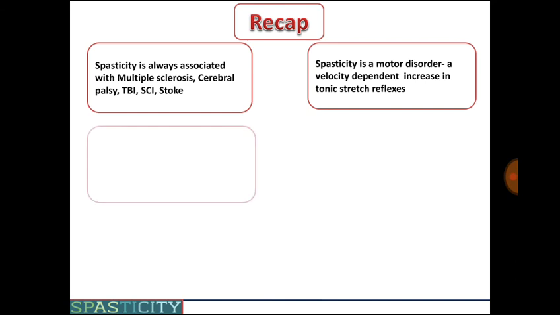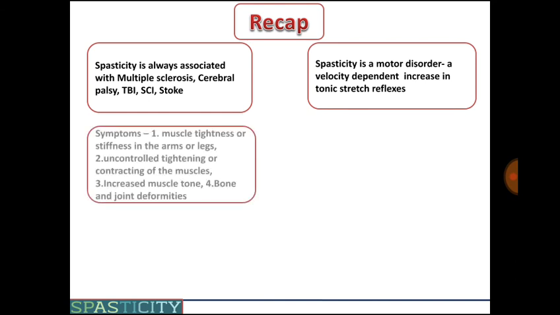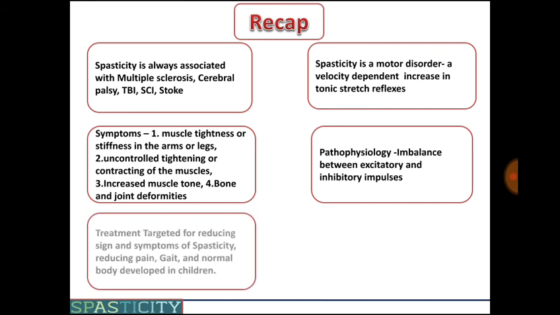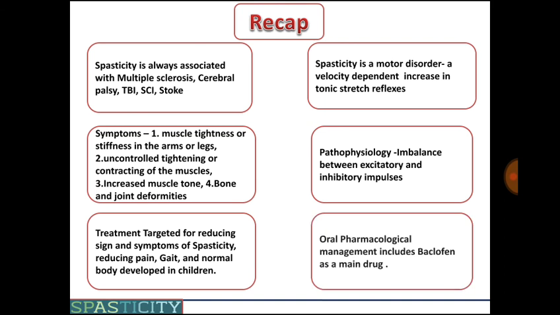Symptoms include muscle tightness, increased muscle tone and, more commonly, bone and joint deformities. Pathophysiology is about the imbalance between excitatory and inhibitory impulses. Treatment is always targeted towards reducing the signs and symptoms and improving overall quality of life. And baclofen is a time-tested and trusted drug to treat spasticity.